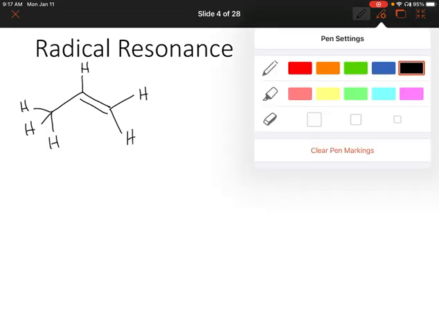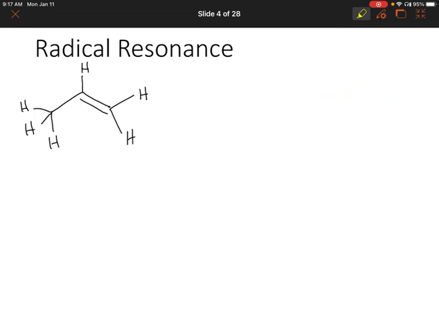I'm going to highlight the hydrogens on the left in yellow, the hydrogen in the middle in blue, and the hydrogens on the right in red. And if you don't have a highlighter, you could also label these as A, B, and C, just to show the different hydrogens.